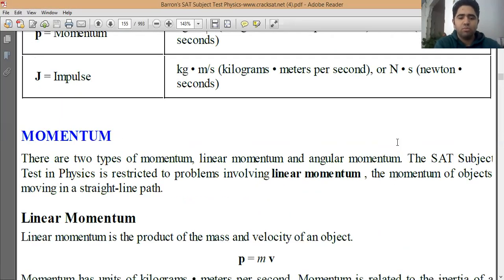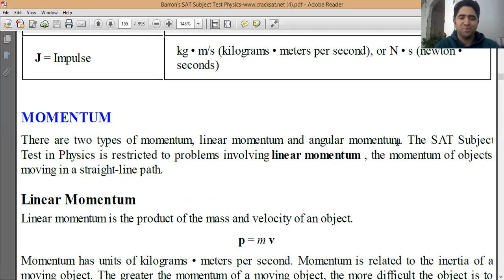Well, what do we use momentum for? We know the use of velocity, right? What's the use of momentum? Momentum is a measure of how easy it is to stop something. So we have a small car and a big car. Both of them have the same velocity. Which one is going to be easier to stop?